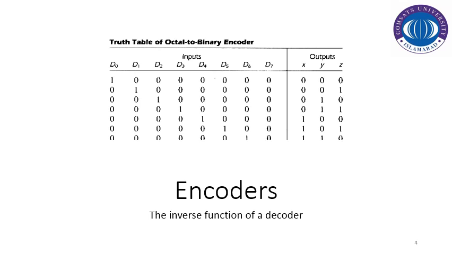In that particular case, we have the encoder with dedicated D0, D1, D2 till D7 input lines, and each input line represents one octal digit. For example, D0 represents octal digit 0, D1 represents octal digit 1, and similarly D7 represents octal digit 7.